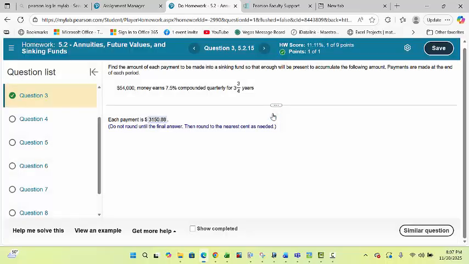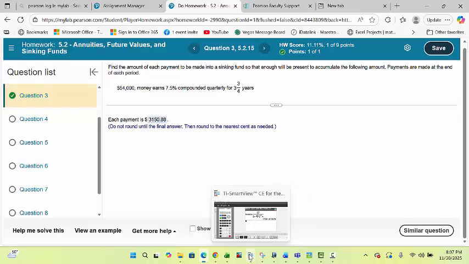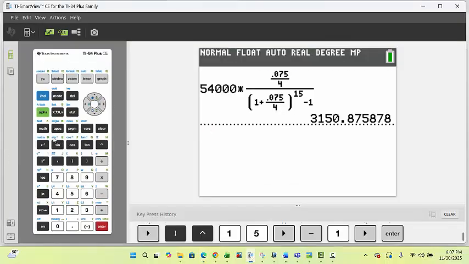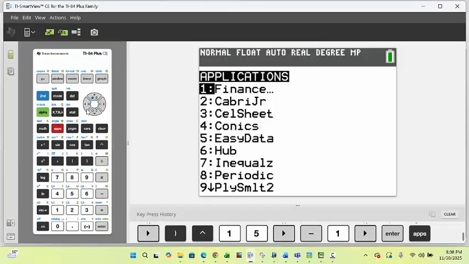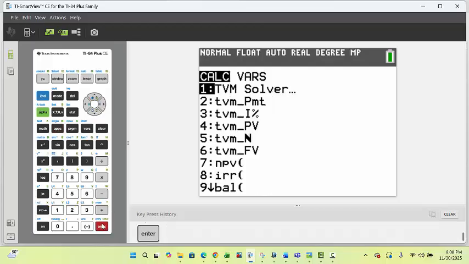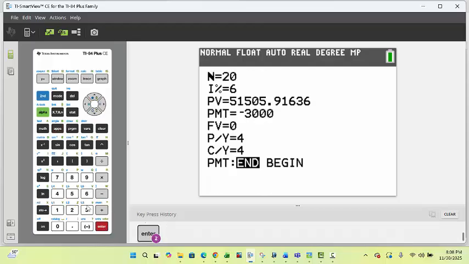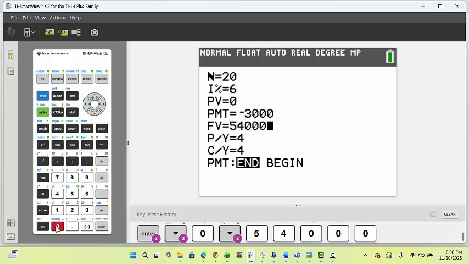So let's put this in the TVM solver. We know now we know the answers, right? So apps and finance TVM solver. So we're looking for a future value problem. We're actually solving for the payment, but we just know that's going to be 0. This is 54,000. And it's quarterly, so the 4 is already.